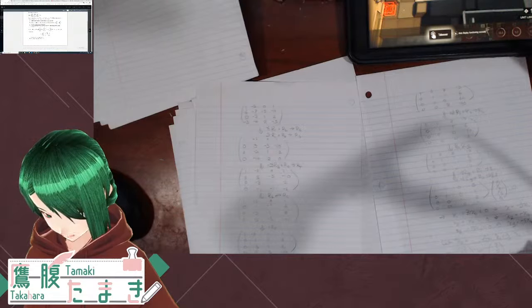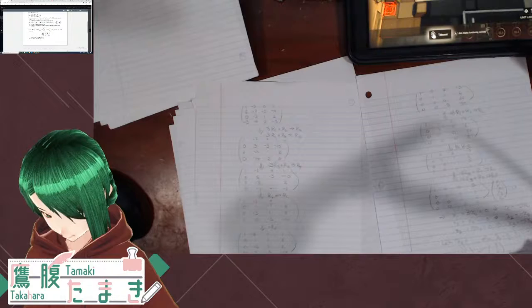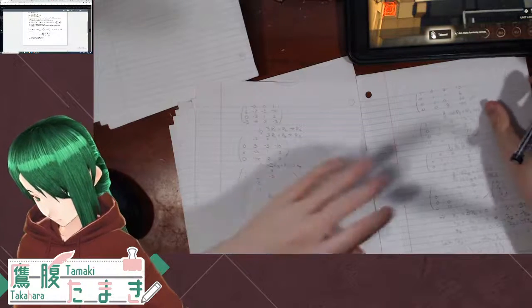Wait, no, that doesn't sound right. This is the same vector as v sub 2.